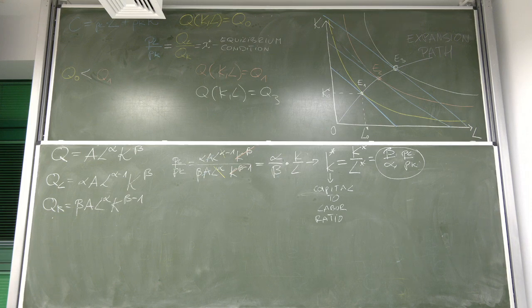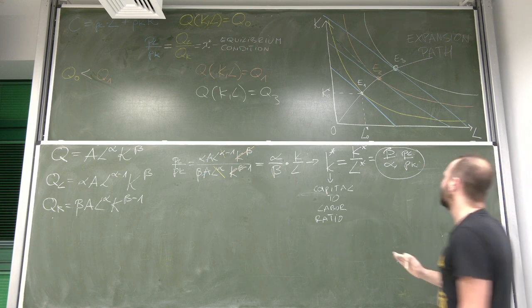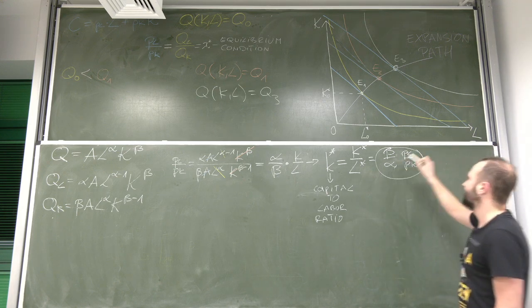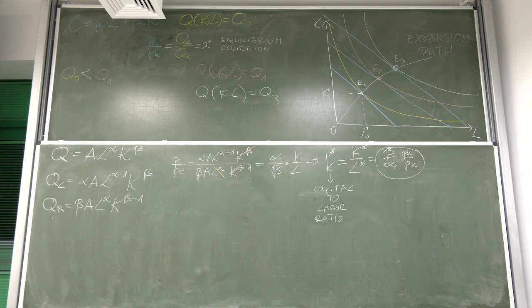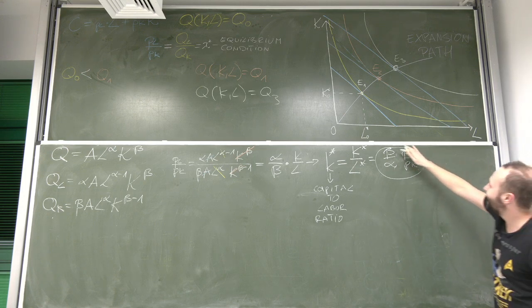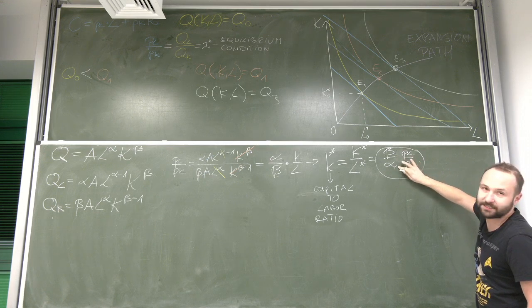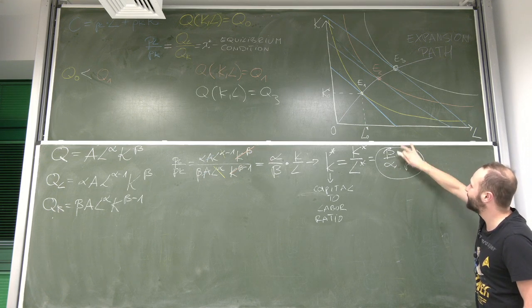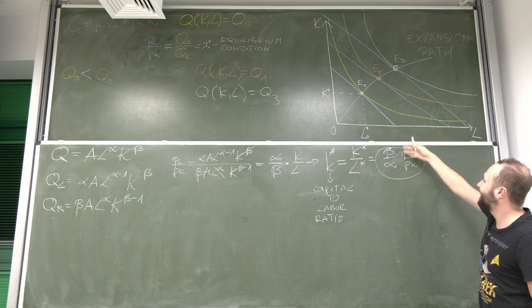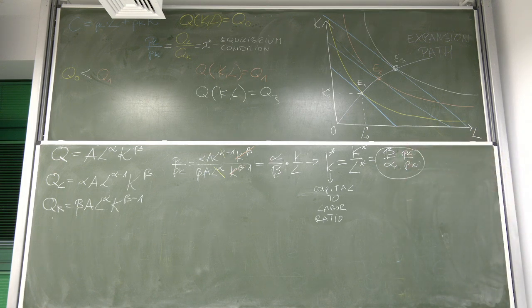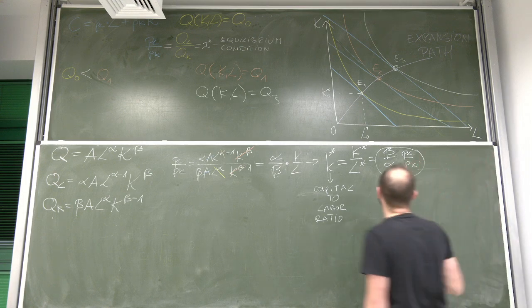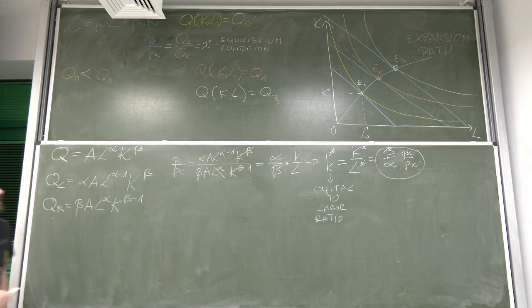And one additional important thing to mention here, look, this result does not depend on economies of scale. So if alpha plus beta is above 1, we will get also straight lines as the expansion path.